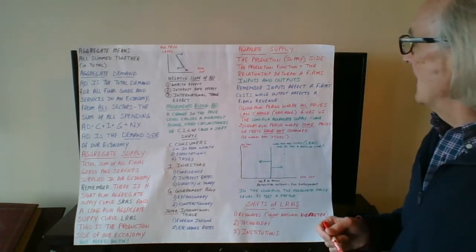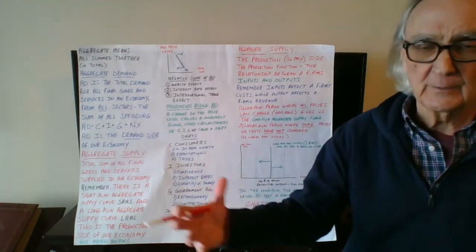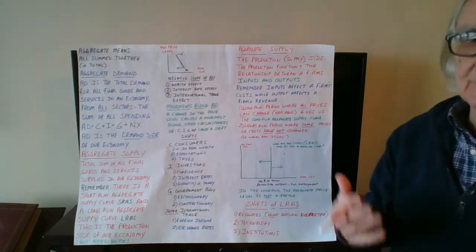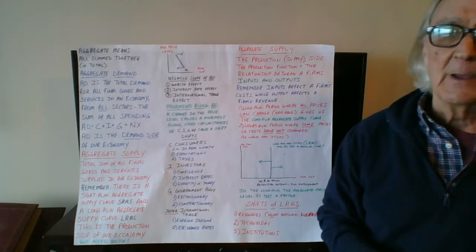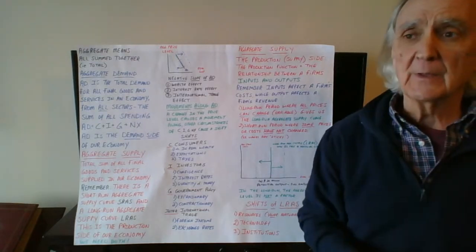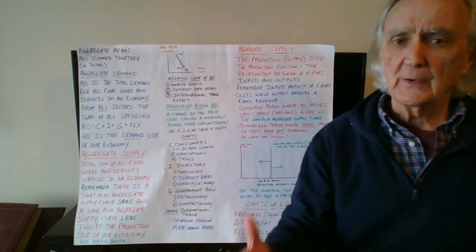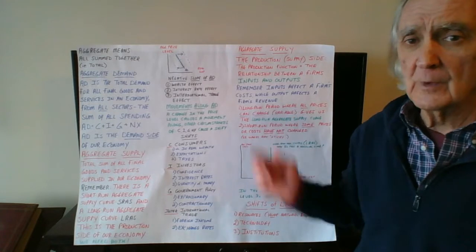Inputs affect the firm's cost, things that are coming in affect the firm's cost, and output naturally would affect a firm's revenue. We're going to need to remember that when we start talking about shifts and what a firm can do.